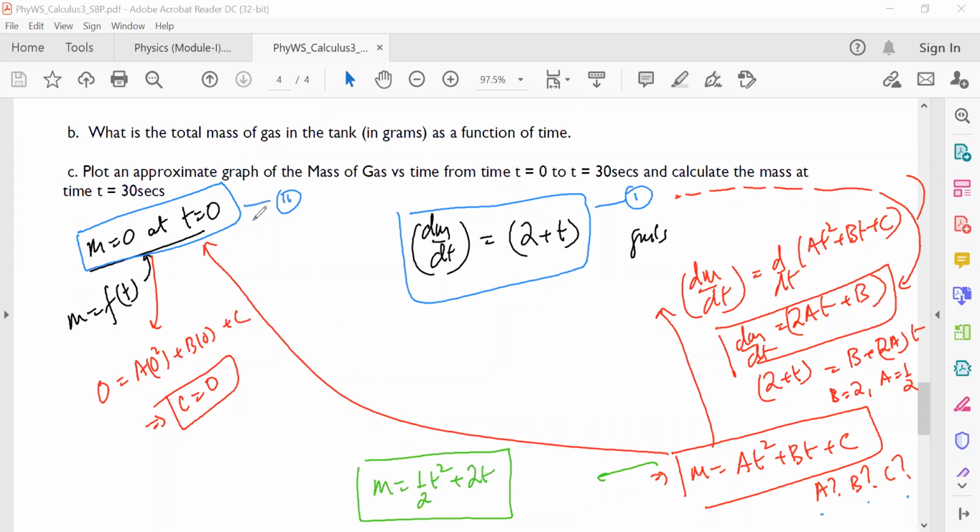That's how it satisfies the condition that mass is 0 at t equal to 0. And if you differentiate this, you get this. It satisfies both. So we've got mass as a function of time. And next part, we have to just plot the graph.